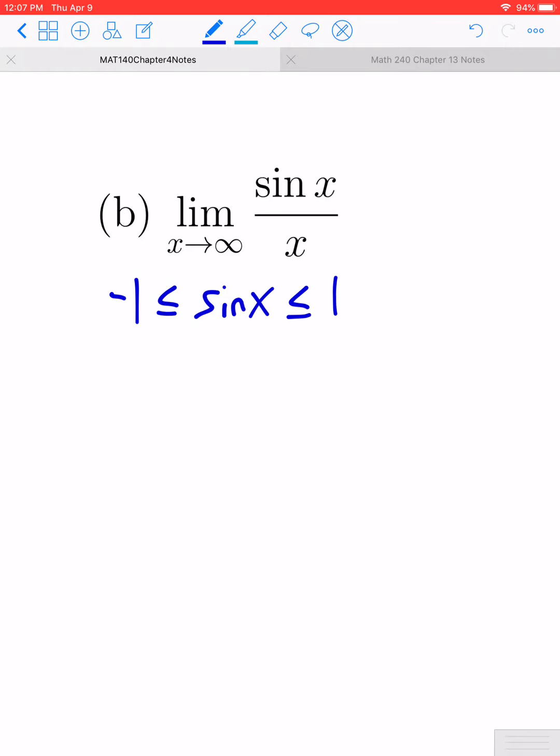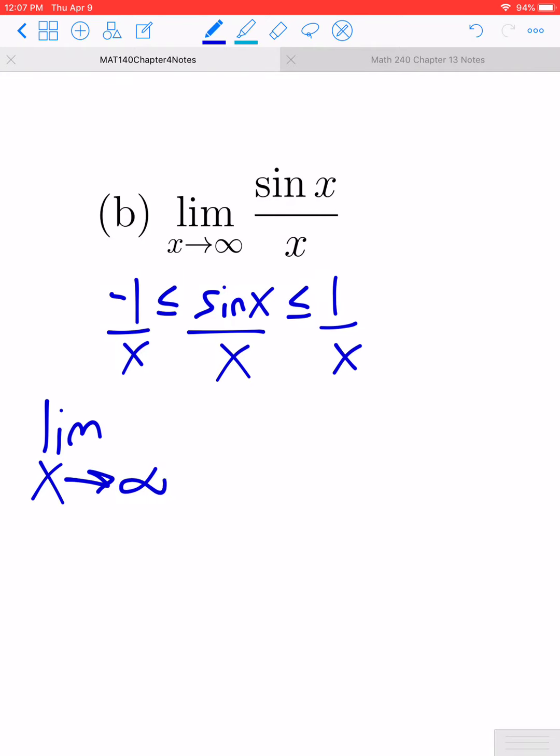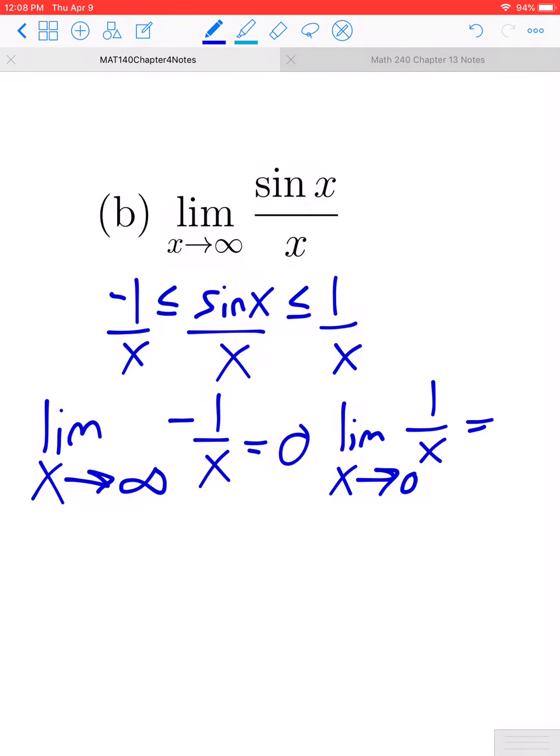If I simply take this expression and divide everything by x, we see that sine x over x is bounded between -1 over x and +1 over x. And our limit theorem applies to each of those two pieces. The limit as x approaches positive infinity of 1 over x is going to be equal to 0, as is the limit as x approaches positive infinity of -1 over x.